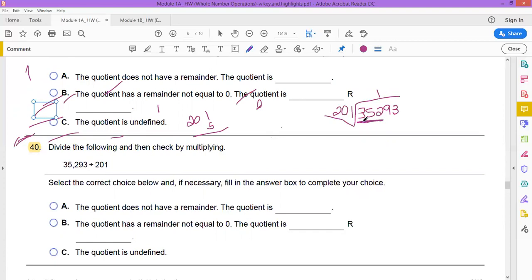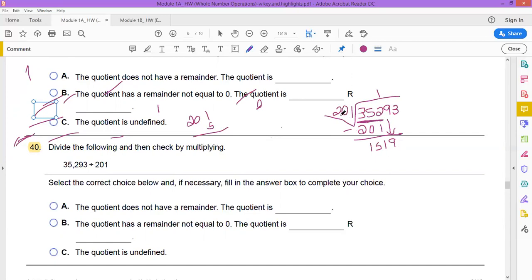So 1 times 201 will give us 201, and then we subtract 352 minus 201. Starting in our last column, 2 minus 1 gives us 1. 5 minus 0 gives us 5. 3 minus 2 gives us 1. So 151.